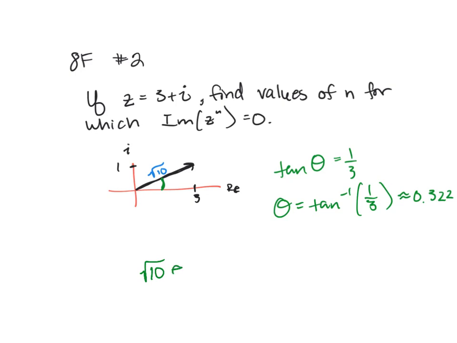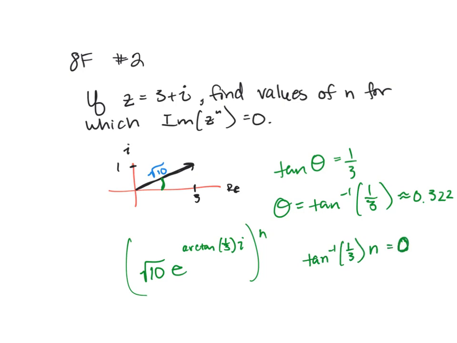Euler form being square root of 10 e to the arctan of 1/3 i. By the by, inverse tangent and arctan mean the exact same thing, so it's okay. And you're supposed to raise this to some power n until this becomes 0. So really what you're looking for is when the inverse tangent of 1/3 times some number n becomes 0.